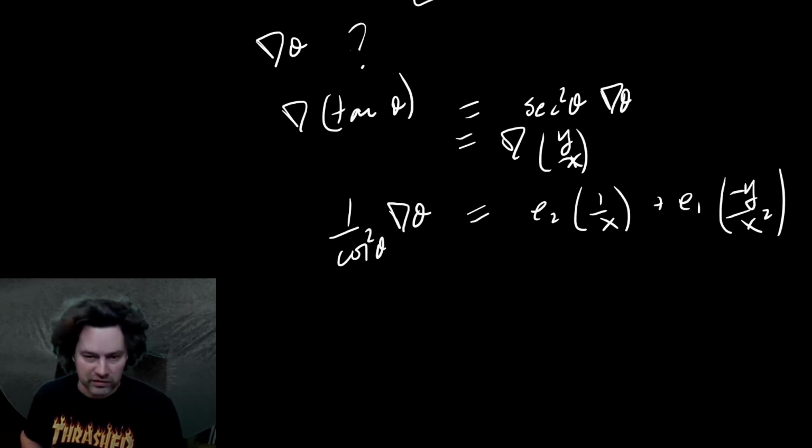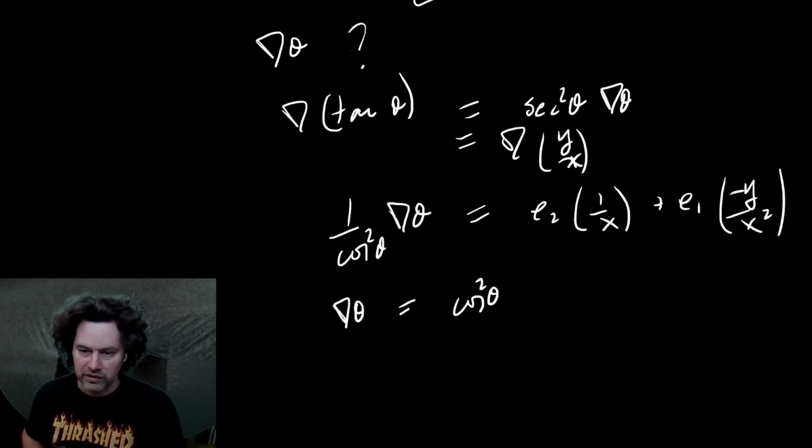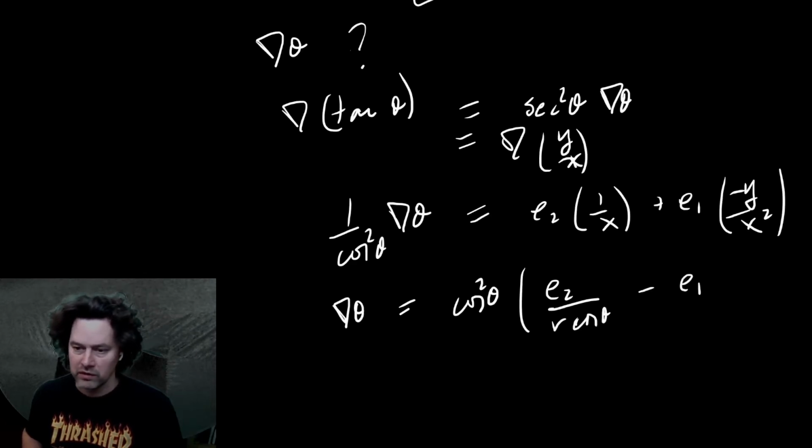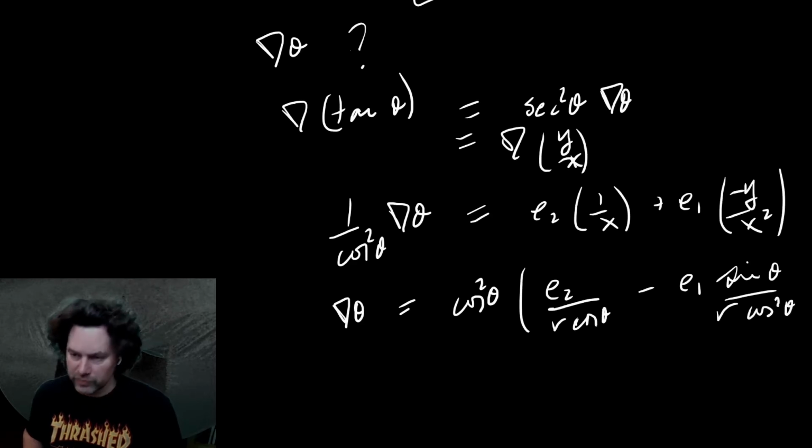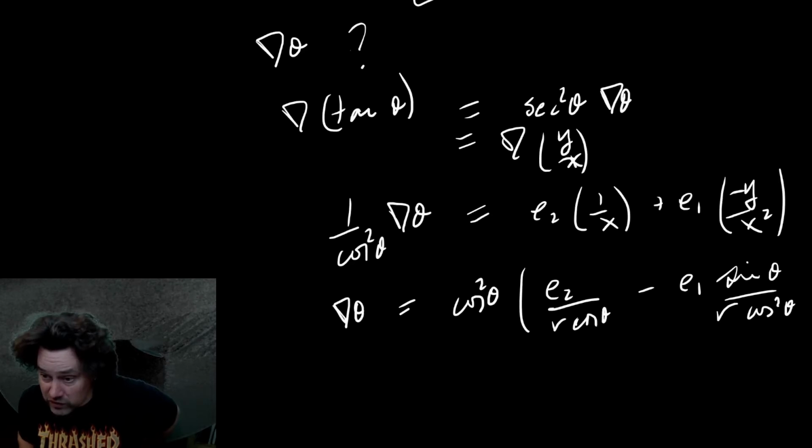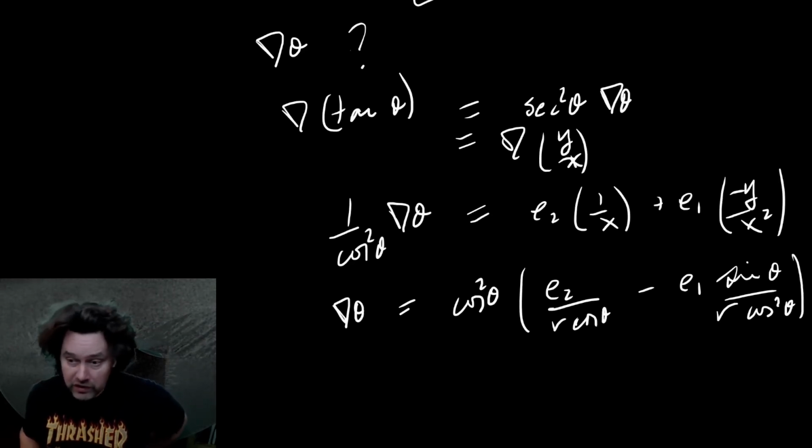So you see when you do implicit differentiation, we have cos squared theta times, and is this all right? x is r cos theta, so we have e2 over x minus e1 y over x squared. y is r sine theta, and x squared is r squared cos squared theta, and I just canceled out one of the r's.